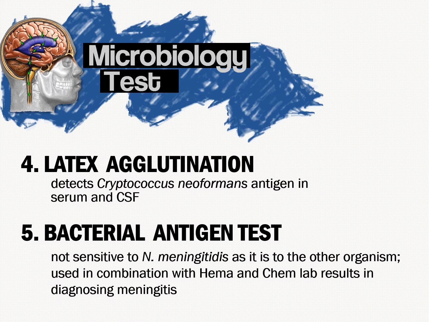There's another test called the bacterial antigen test. This one does not appear to be as sensitive in the detection of Neisseria meningitidis as it is to other organisms. This test should be used in combination with results from hematology and clinical chemistry laboratories in diagnosing meningitis.